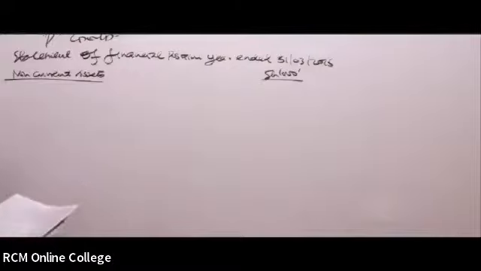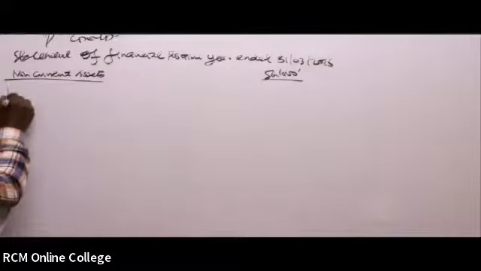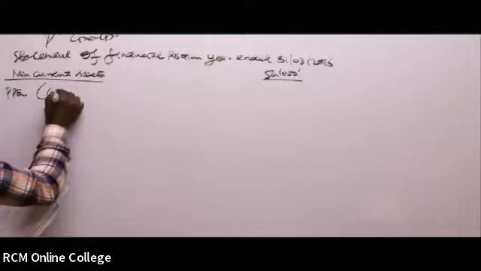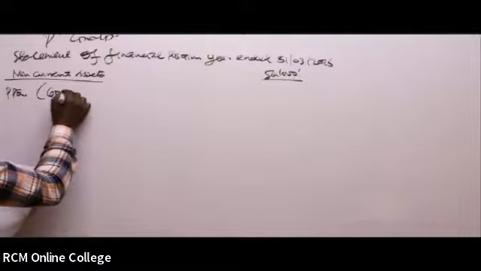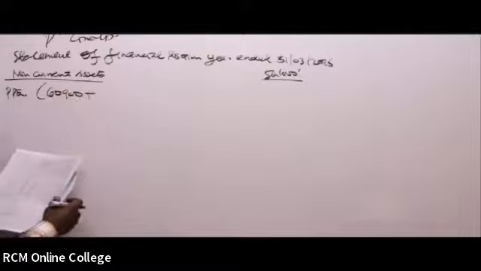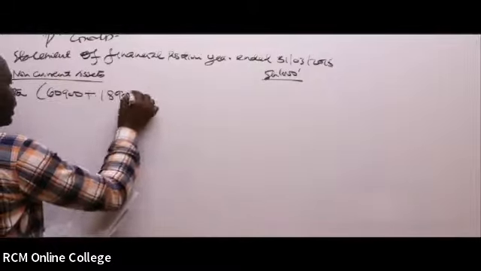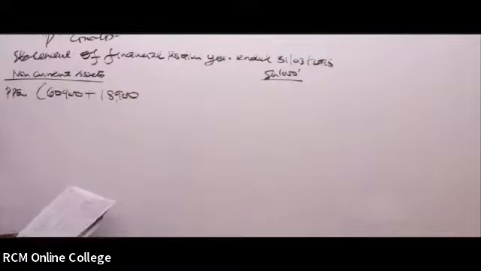So in this case, you go to the non-current assets. You have property, plant, and equipment. For the holding company, it is 6,900. We add that one for the subsidiary, which is 18,900. We'll add how much on this?